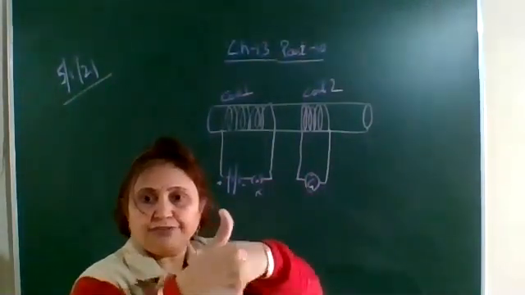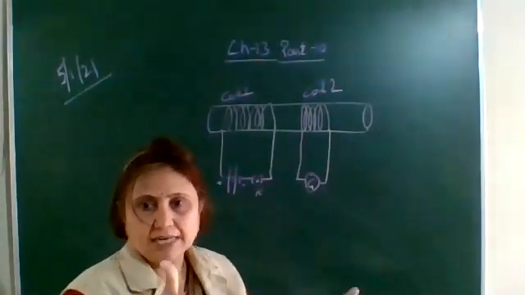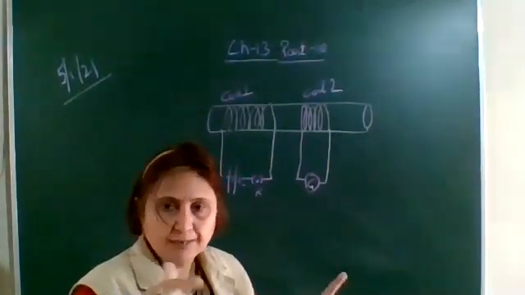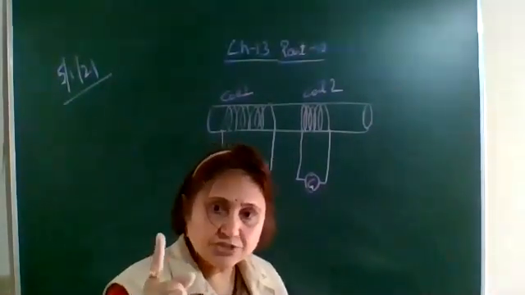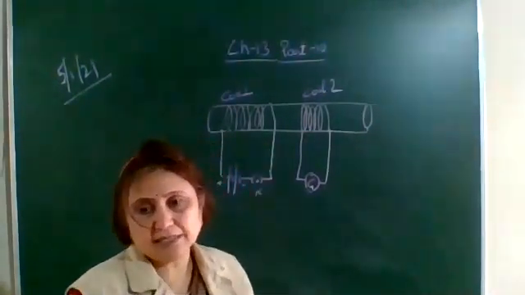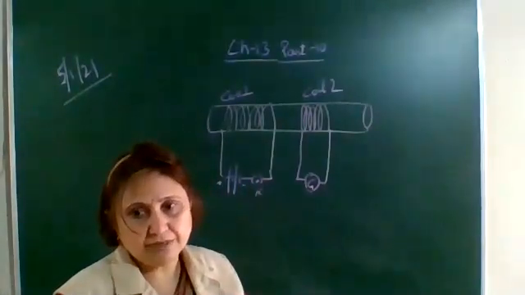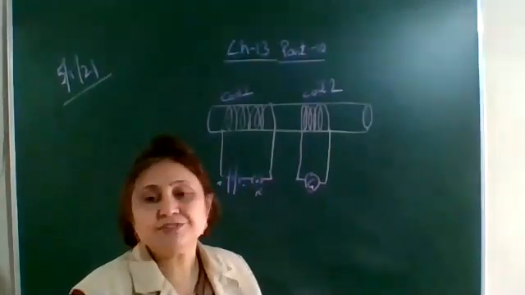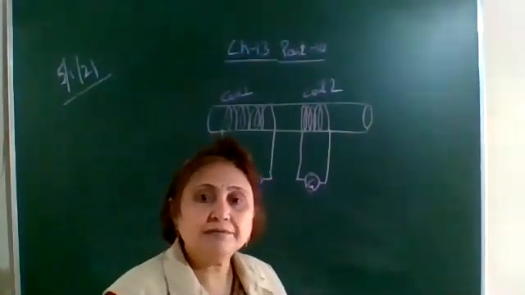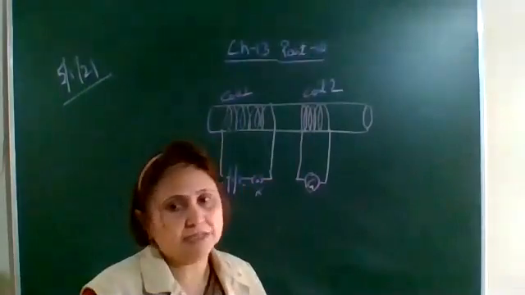At any point, if you draw the tangent, that will give the direction of the magnetic field. The second rule, Fleming's left hand rule, gives the direction of the force on a current carrying conductor placed in a magnetic field. And the third one, Fleming's right hand rule, gives the direction of the induced current when there is a motion of the conductor in the magnetic field.